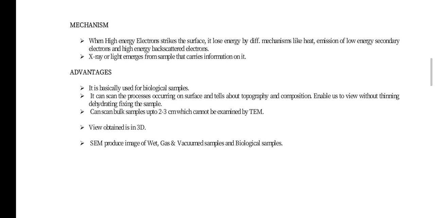It is basically used for biological samples and it can scan the processes occurring on the surface and tells about topography and composition. It enables us to view without thinning, dehydrating, or fixing the sample, and it can scan bulk samples up to 2 to 3 centimeters which cannot be examined by transmission electron microscope.